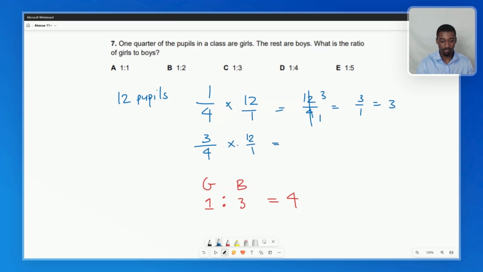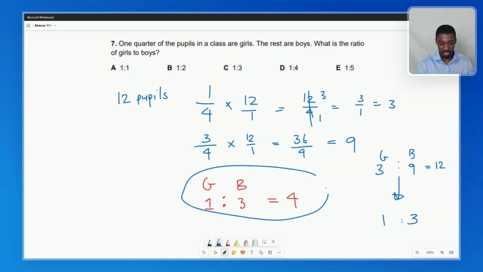In this case, we have 3 times 12, 36, divided by 4, which is 9. So we have 3 girls and 9 boys out of the 12 pupils. And of course, we can cancel this down to 1 and 3. So this is our answer, 1 to 3, which is C.